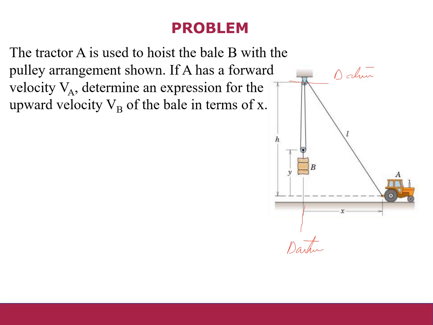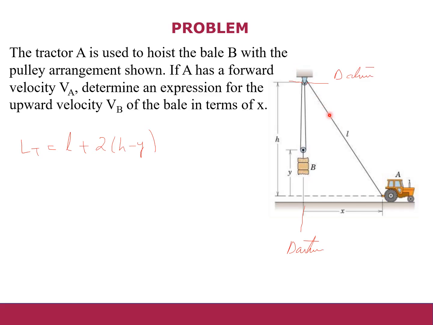So over here the total length of the cable will be this length L plus this length, which is actually h minus y. So it will be 2h minus y, right? So this is our equation.